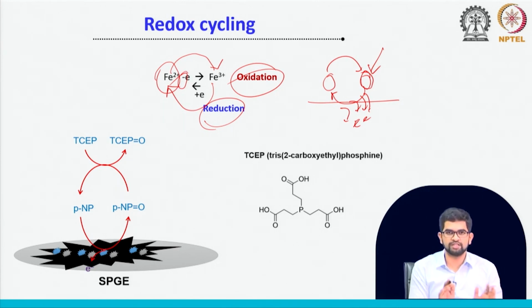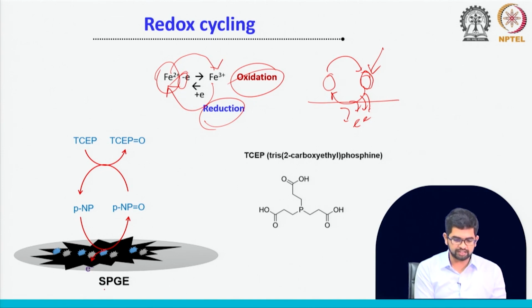After giving some examples, I will come to the names of the different redox cycling types, so that you can interpret or design by yourself how redox cycling reactions can be useful for signal amplification for biosensors.